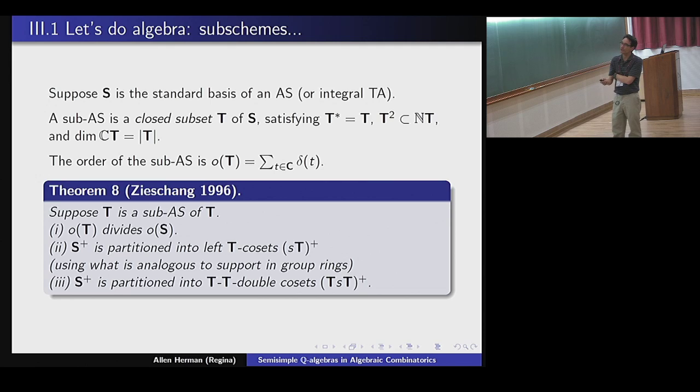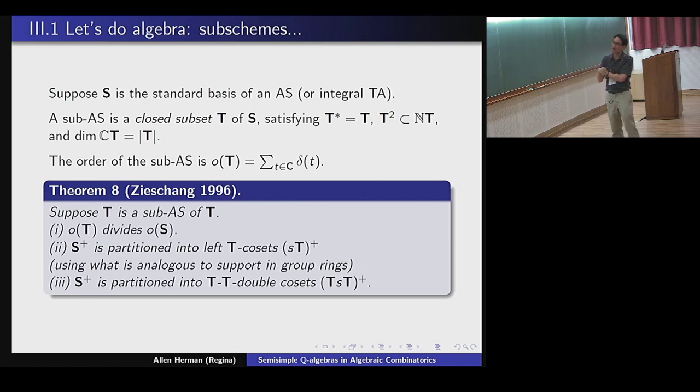So in order to do a sub-association scheme, what you need is just a closed subset. It should be closed under the transpose. And when you multiply two elements of the closed subset, you should get a linear combination of elements in the closed subset.